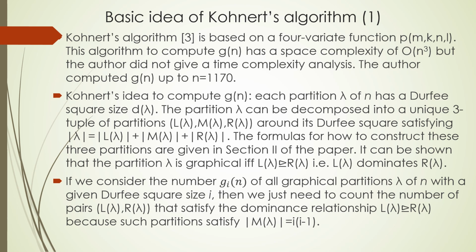Based on how the partition lambda can be expressed as 3 parts, we can just count the number of pairs L lambda, R lambda that satisfy this dominance relationship, L lambda dominates R lambda. Because based on that partition, we know that the middle part, M lambda, must have a weight of i times i minus 1.